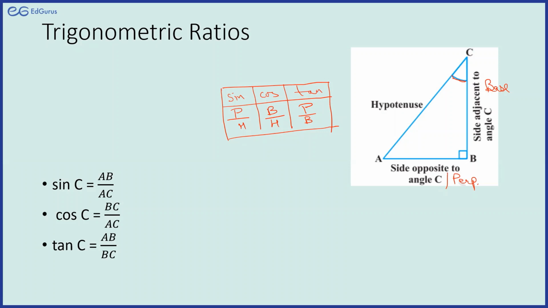Good. And you know the full form of all of these, right? It's sine C, I'm saying sine, so it's sine. And this is cosine. And what's tan C? Tan full form? Tangent. Good. So this is tangent.